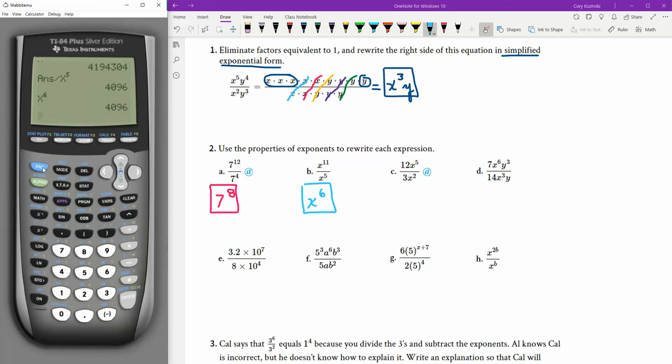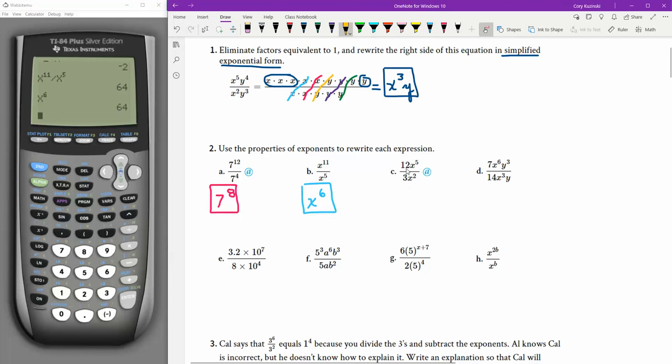And even if we changed what we have x stored as, say I make it -2, now I can do x to the 11th divided by x to the 5th, and that would be the same as x to the 6th. So a great way to check our answers.